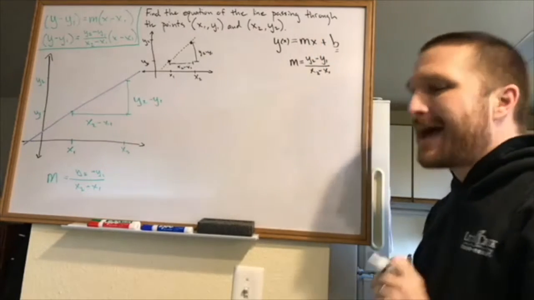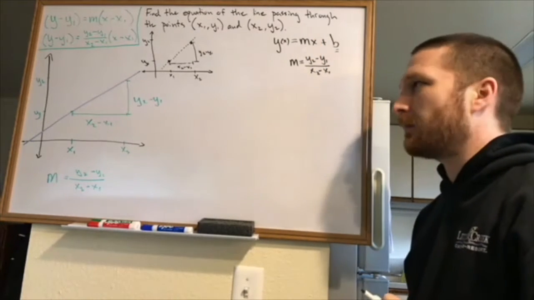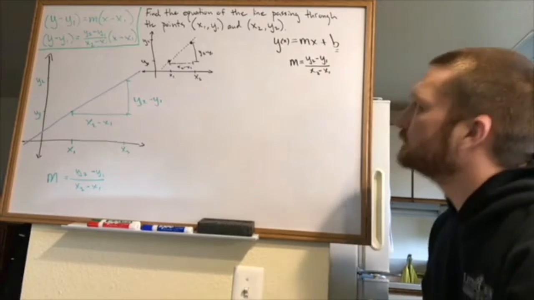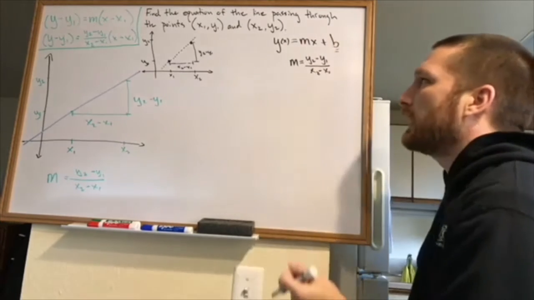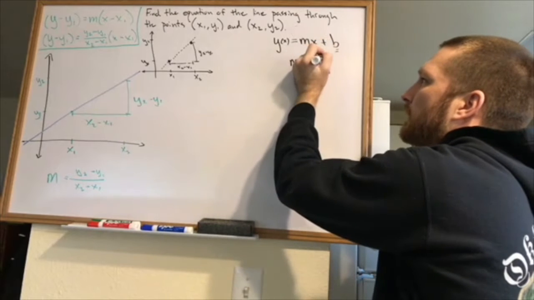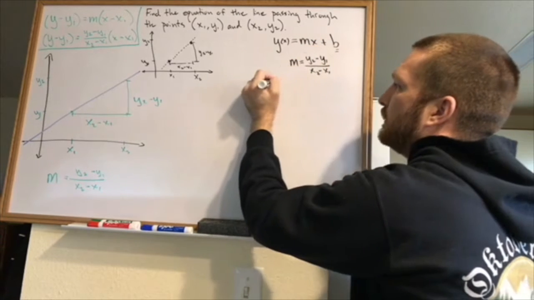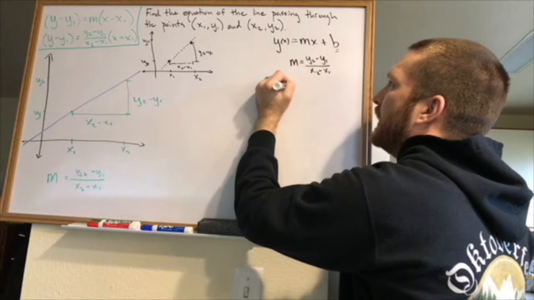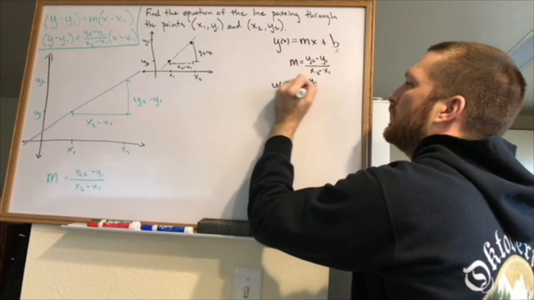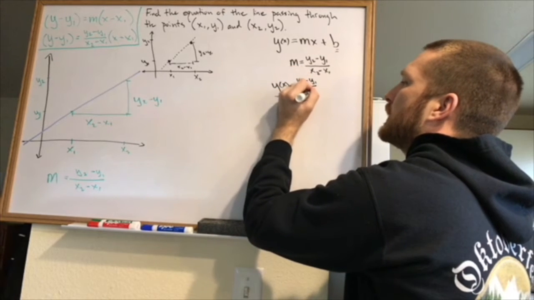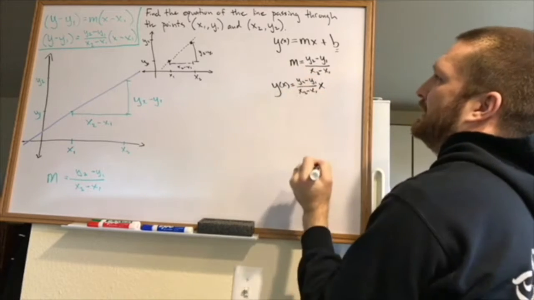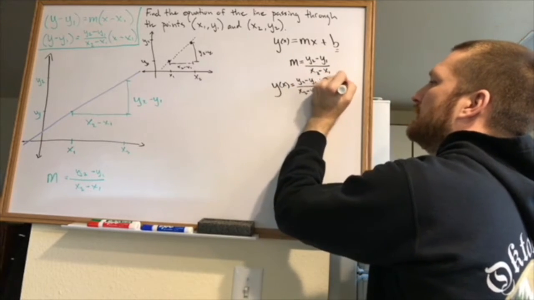All right, so we're halfway there. We're halfway done with our problem. Now, why don't I just plug that in? I have an expression for that number. So y of x is equal to y2 minus y1 over x2 minus x1, that times x plus b.